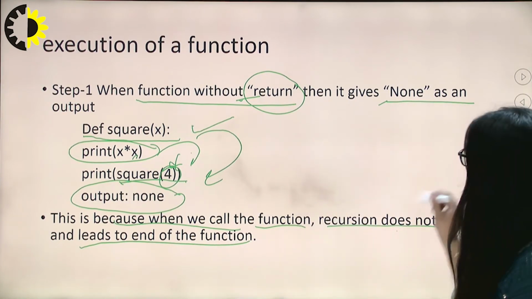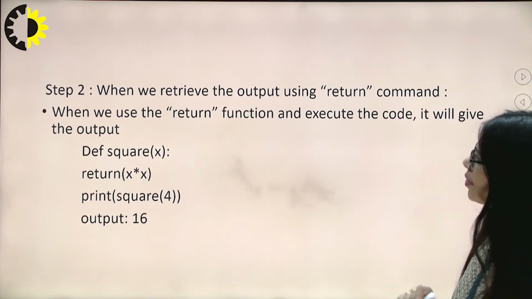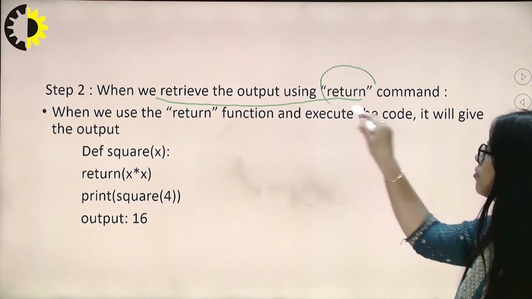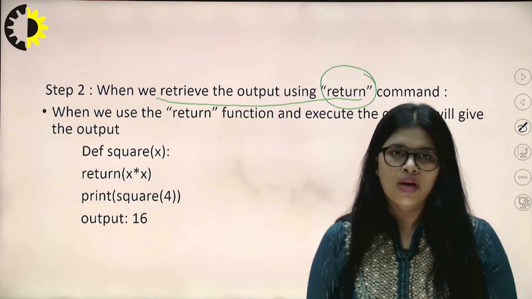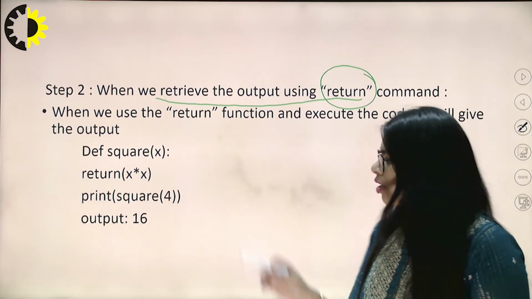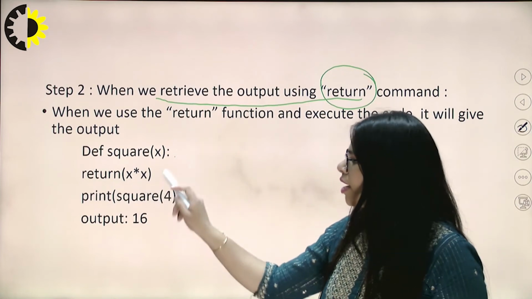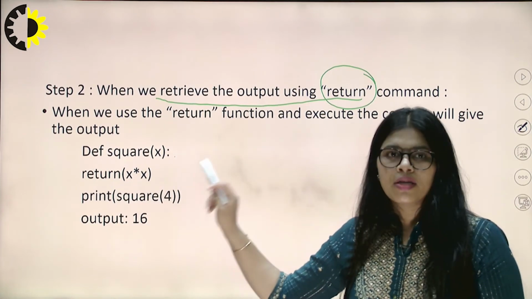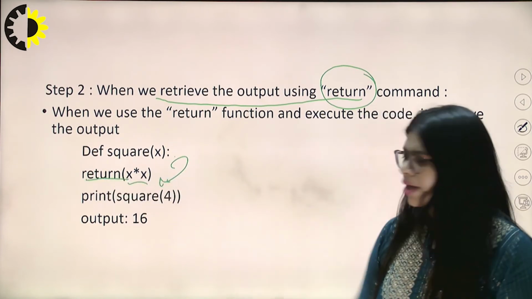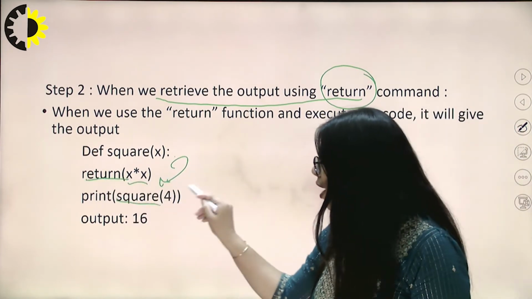So the second step is when we retrieve the output using return. What happens if we use return? Then it will directly give the value. If we want to print the square of x, then we have to return x times x, and print the square of 4.